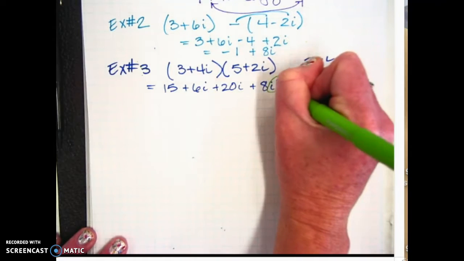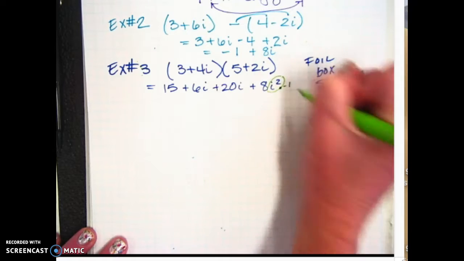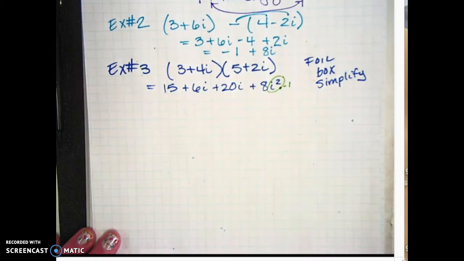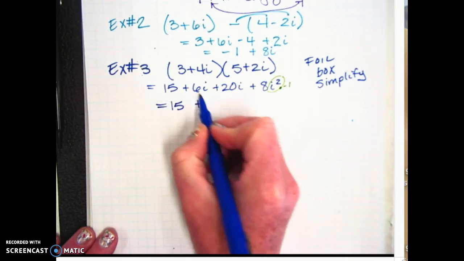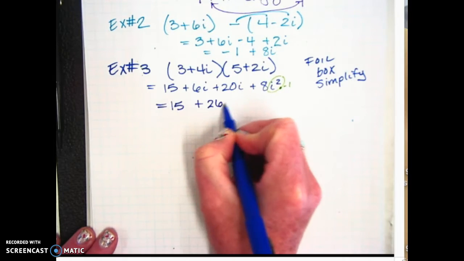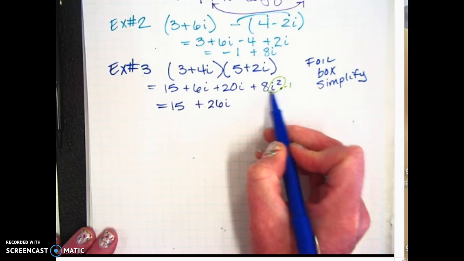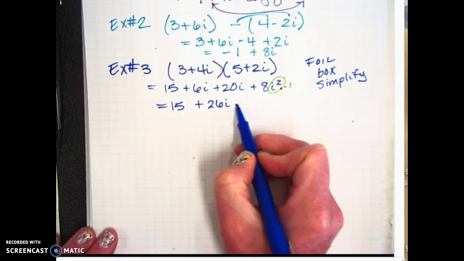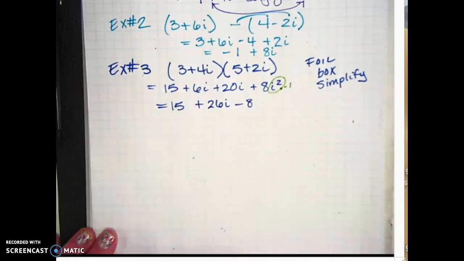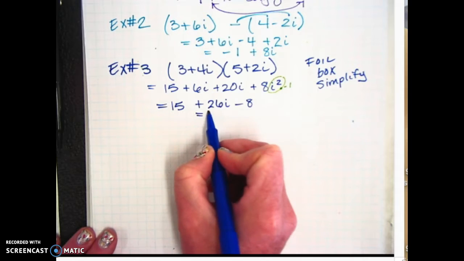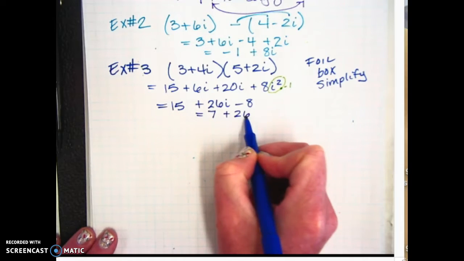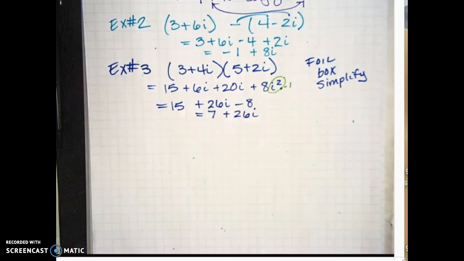Negative 1. So we're just going to think of it as times negative 1. So when we go to rewrite it, we're going to have 15 plus, let's combine these two to 26i. And then 8 times negative 1 is minus 8. And then just combine the 15 and the negative 8. I got 7. So 7 plus 26i. Not too bad, right?